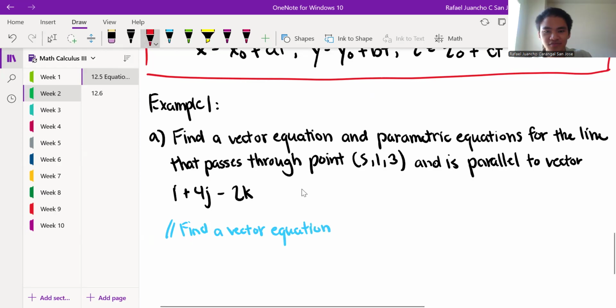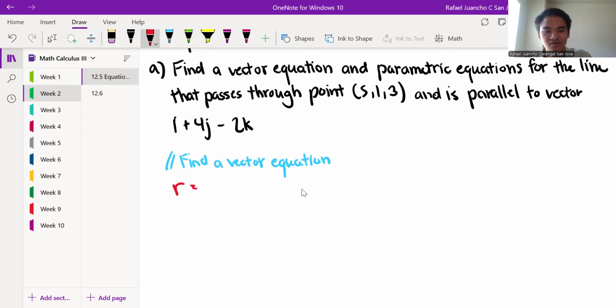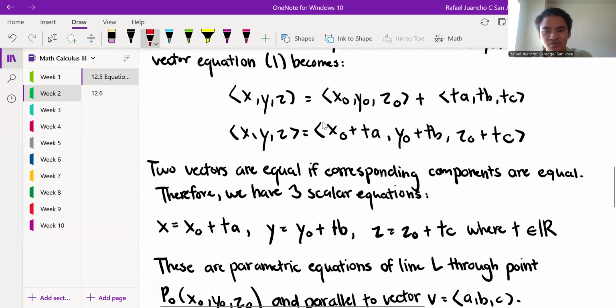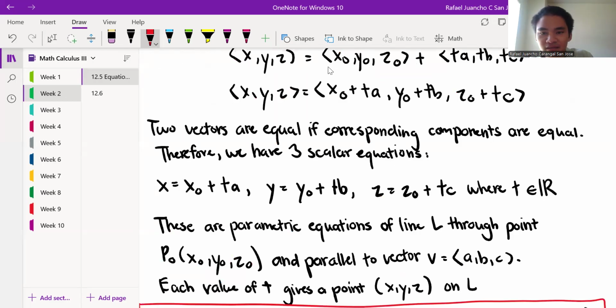So we're gonna use that formula that we got, which is R naught plus tv, right? Then we have R is x, y, z. R naught is x naught, y naught, z naught. So this is our initial point, right?